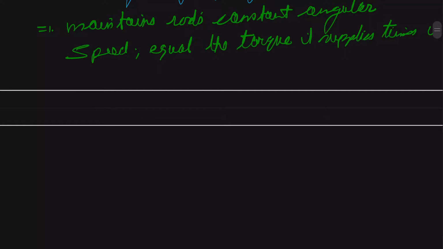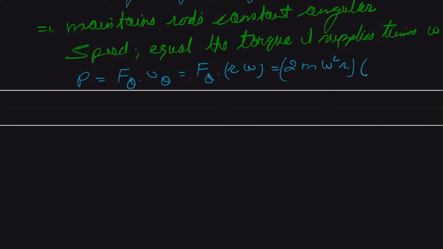So we can say our power P is equal to F of theta multiplied by velocity in the theta direction, and velocity can be written as r multiplied by omega, and F theta we already know, so we substitute it here and we get this as 2m omega square r multiplied by r omega.